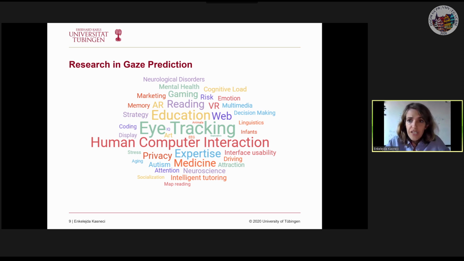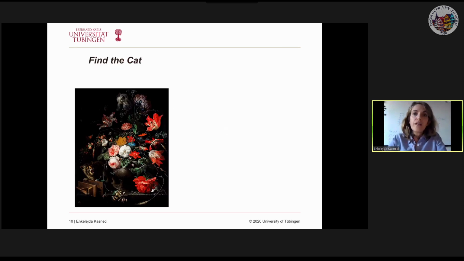And there are a lot of technical and methodological issues as well. So this is just a quick overview of GAZE-related research, and I'll quickly guide you through the scanpath idea and then start with scanpath modeling.